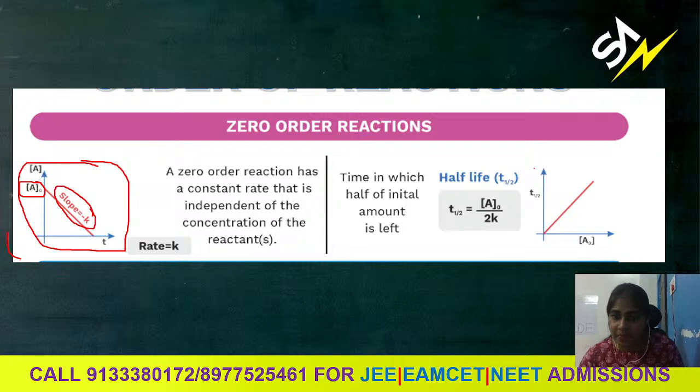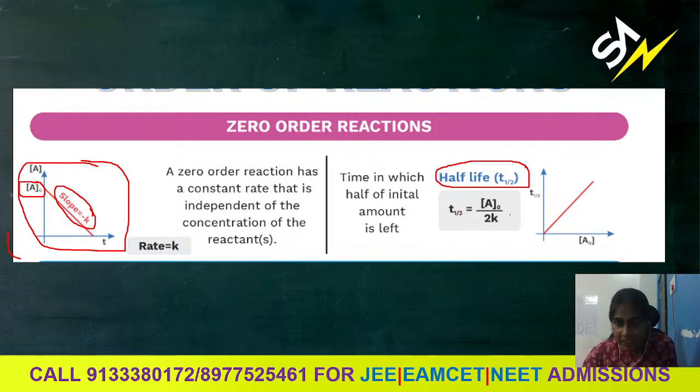And here, let's see half-life. What is meant by half-life? The time for the reaction in which half of the initial amount is left. If we take 100% of the reactant, the time taken for it to complete 50% of the initial substance gives the half-life of the reaction.